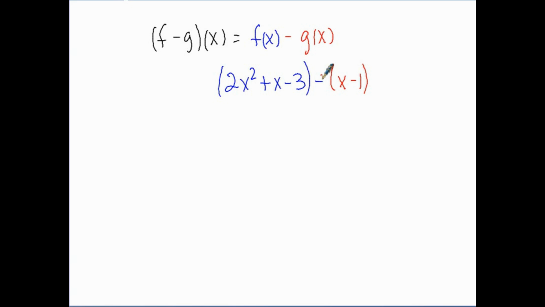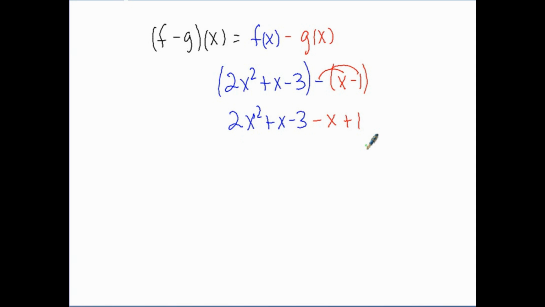Now, why are the parentheses so important right here? Well, if I look at it right here, I'm going to have to distribute this minus sign into both of them. So what we do here, we get the 2x squared plus x minus 3. We bring that down. But here, it's not going to say x minus 1. It's going to say minus x plus 1. Because we had to distribute our values in. Alright, but now that we've done that, we have our line here.